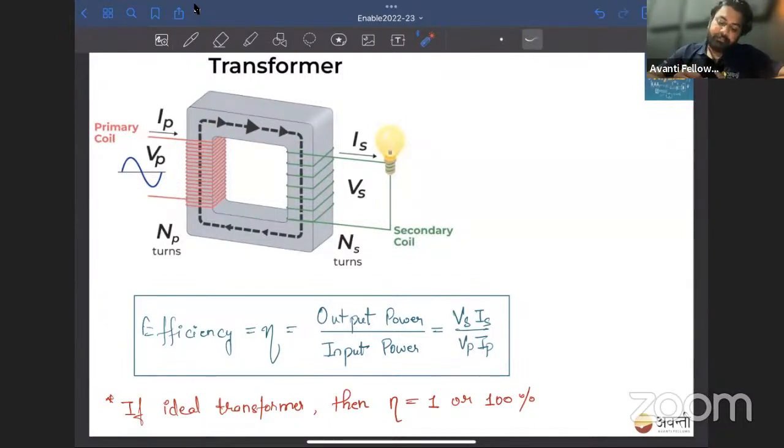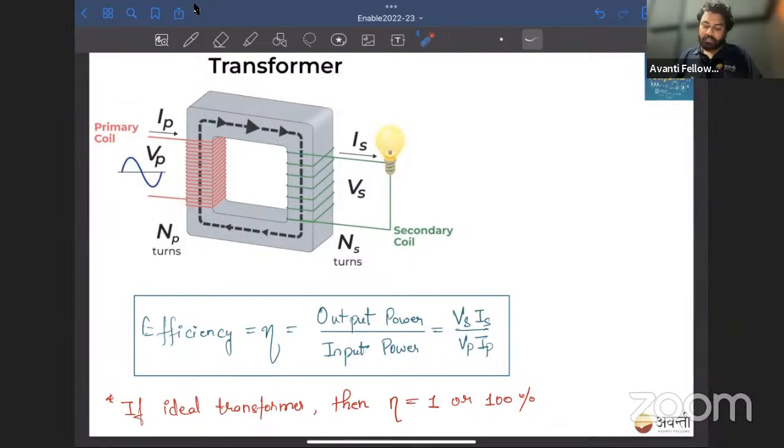So current in the primary coil is IP, in the secondary coil is IS, voltage in primary VP, voltage in secondary VS, number of turns in primary NP, number of turns in secondary NS, right? What is the efficiency? Efficiency is always output upon input. If I eat 20 calories and I work off 10 calories, what is my efficiency? 10 by 20, output upon input, that is 50%.